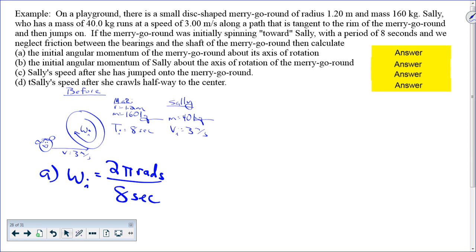All right. So that gives us a number somewhere. I think I actually have this worked out. What's it give you? I got 785. Okay. So that's that. What else do I need to know in order to find that angular momentum?